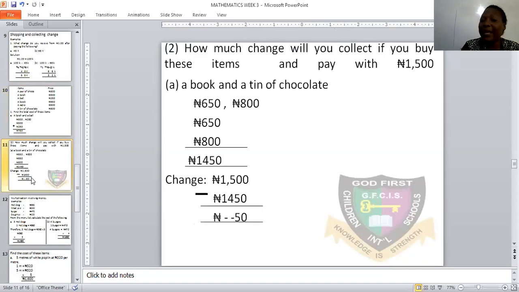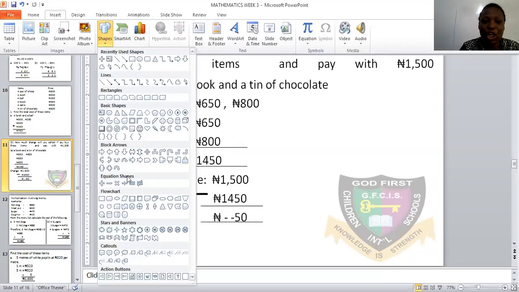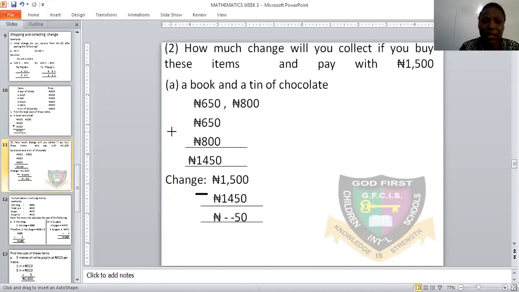A tin of chocolate goes for 800 naira. How much am I paying for the two items? You will add the price of the two items in order to know how much you are paying.